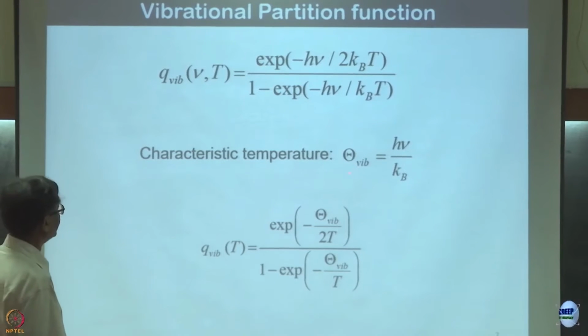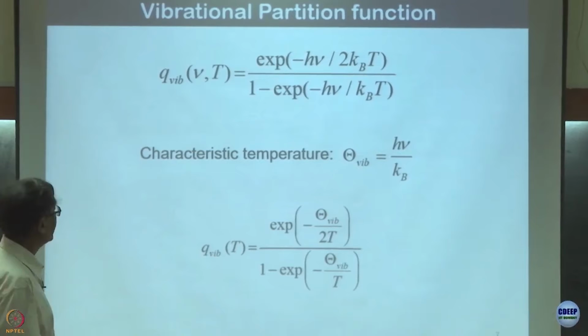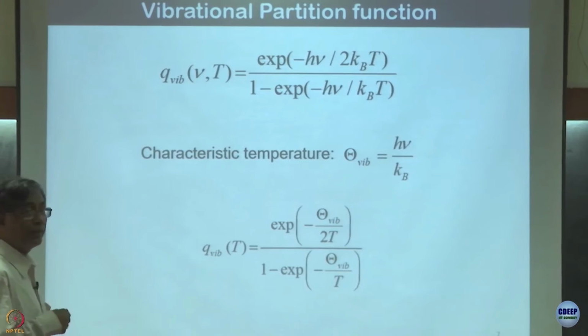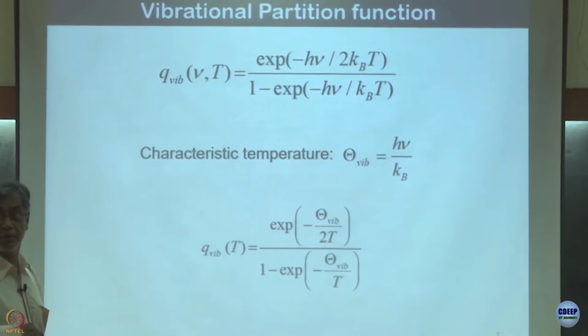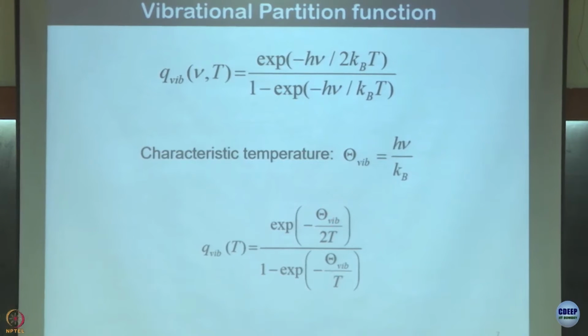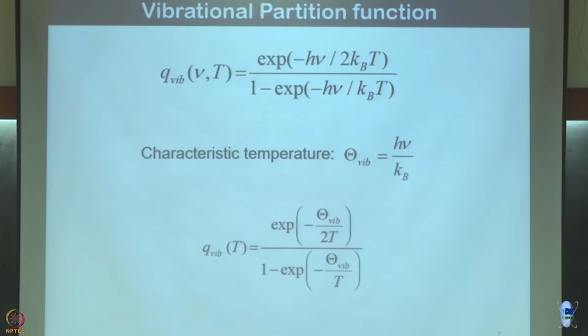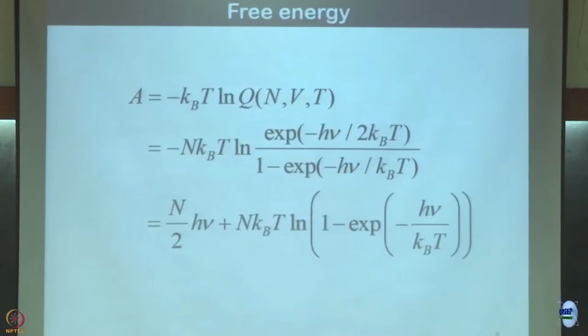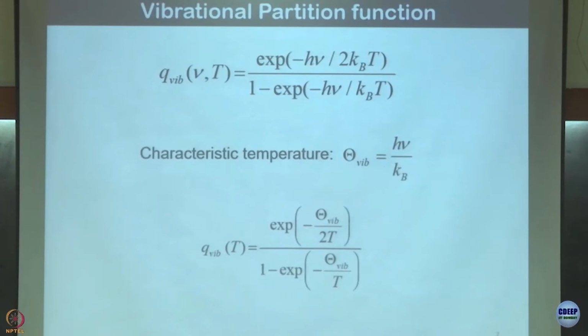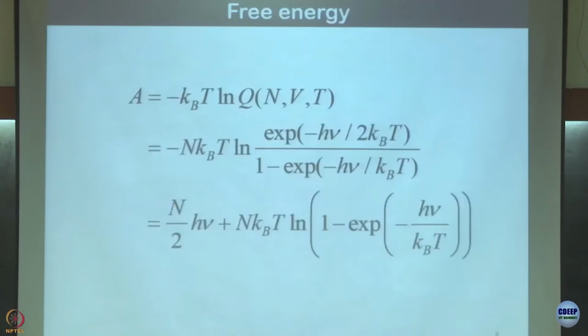So I define it as the vibrational temperature, and vibrational temperature, as I said, would be 10, 15 or 20 times the normal temperature, okay. So it's e to the minus theta vibration by 2T over 1 minus e to the minus theta vibration by T, okay. Now this is the form we use, this is the form I used by Debye when I was doing the specific heat, we might come back to that.